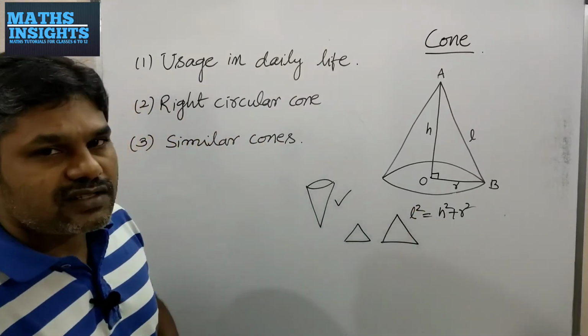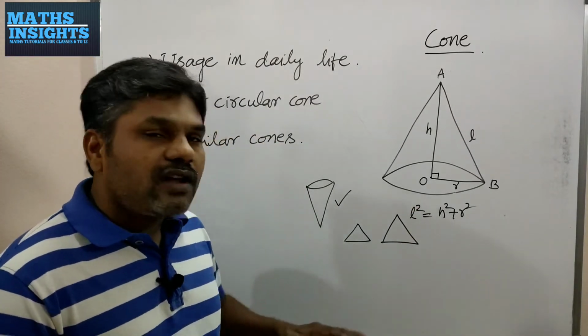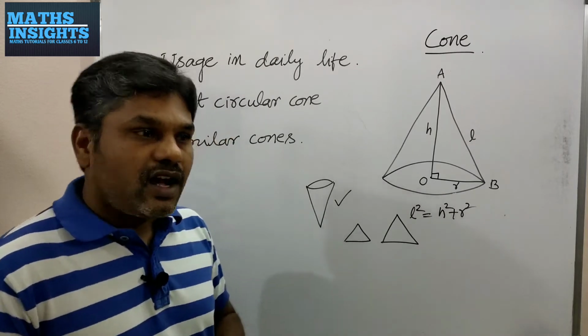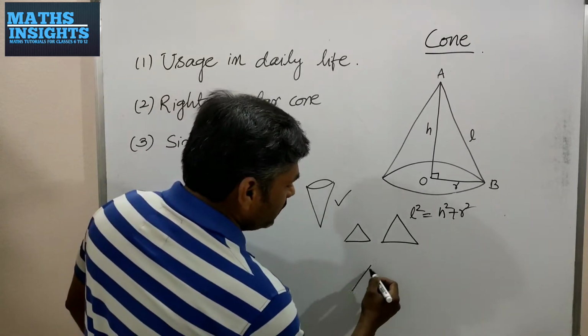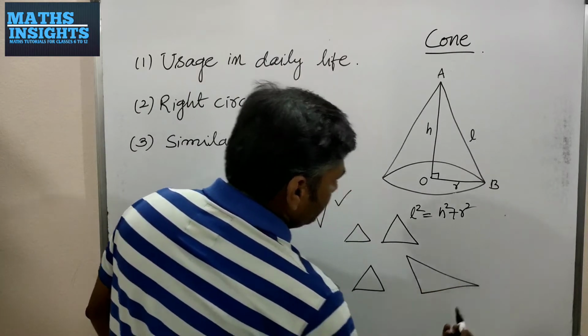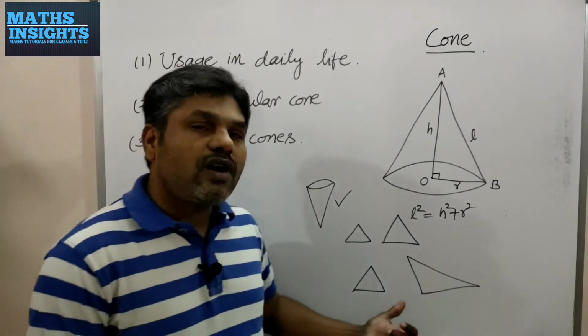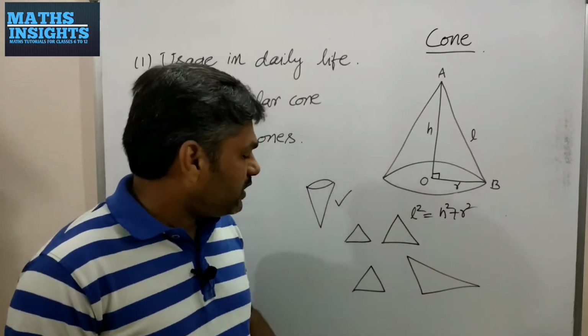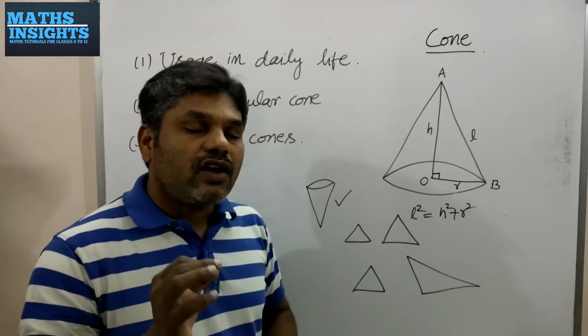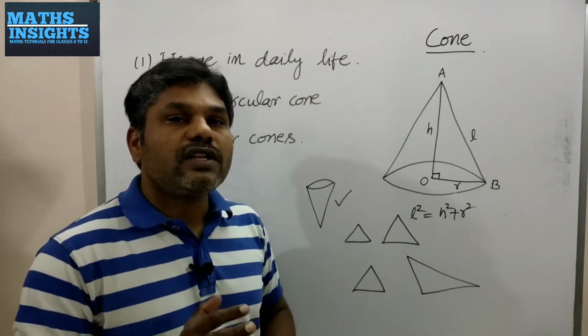These two triangles are similar. Why? Because they are of the same shape but not the same size. And if you take another type of triangles, this is one triangle and this is another triangle, you may say that these two are not similar. Why? Because the shapes of these two triangles are not equal. That's why they are not similar.